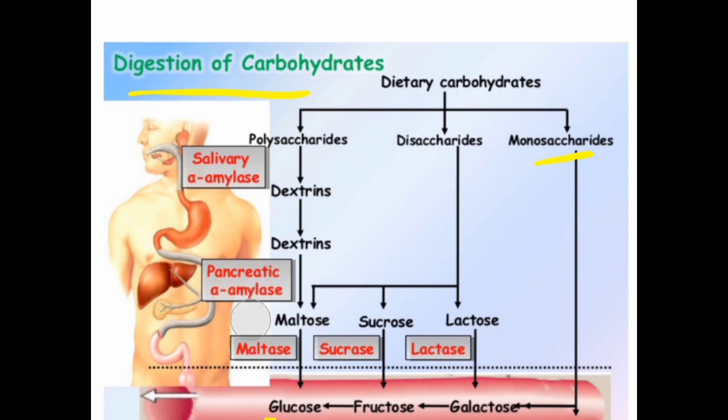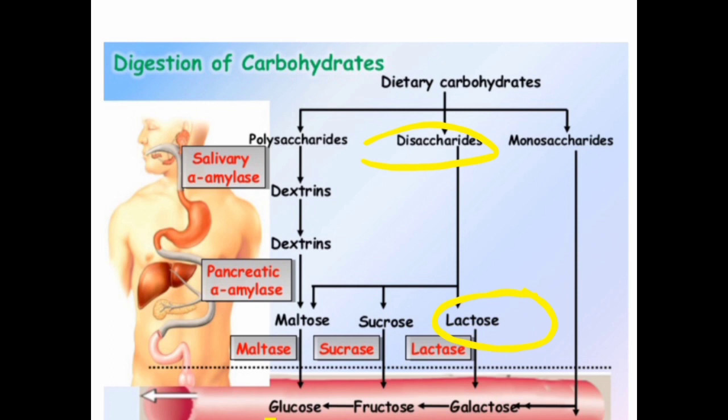Now let's look at the disaccharide. You know, we told you that disaccharide has 2 units. Okay? The first thing that happens is that the disaccharide can become broken down into maltose, sucrose, or lactose. You get what I'm saying? That is, it has 2 units.